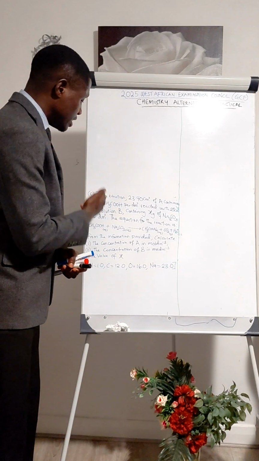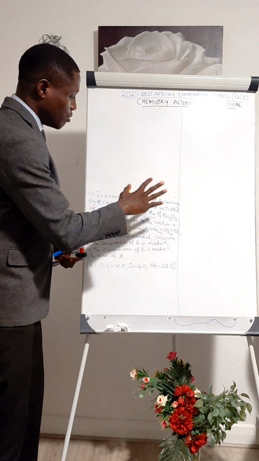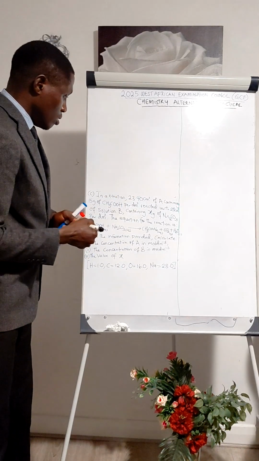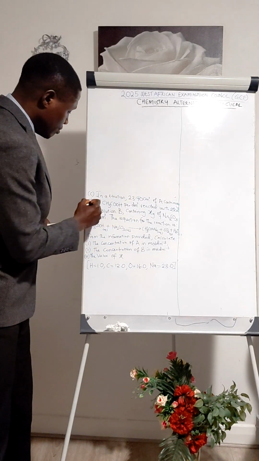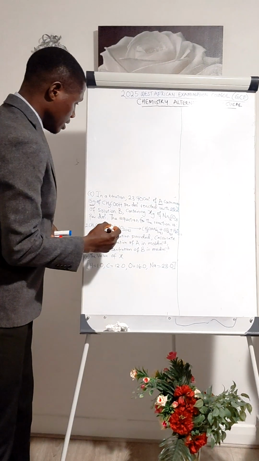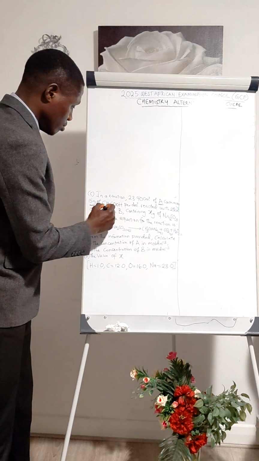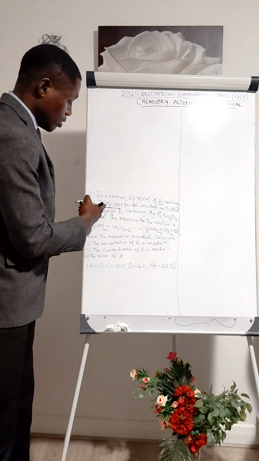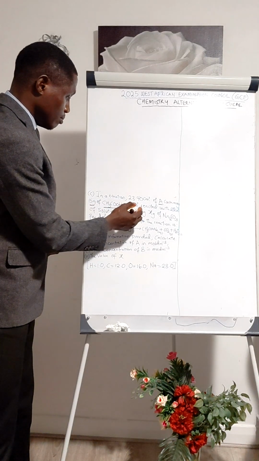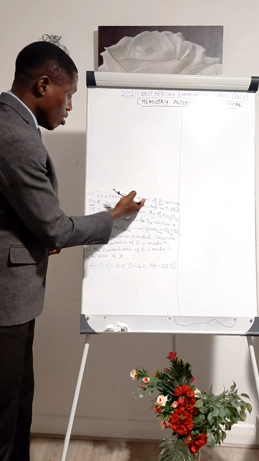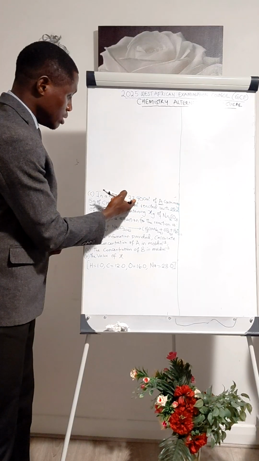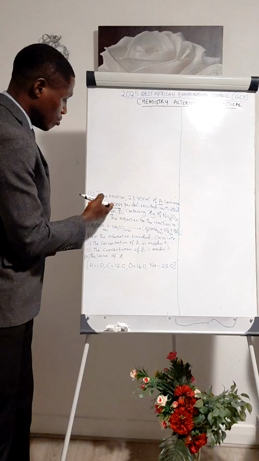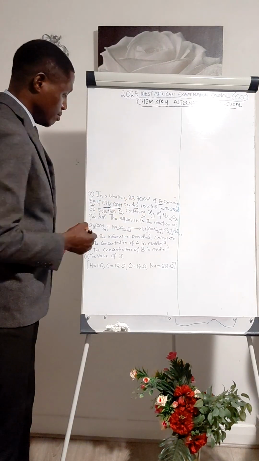The second question said in a titration, 23.4 centimeter cube of A contains 15 gram of ethanoic acid per dm cube.